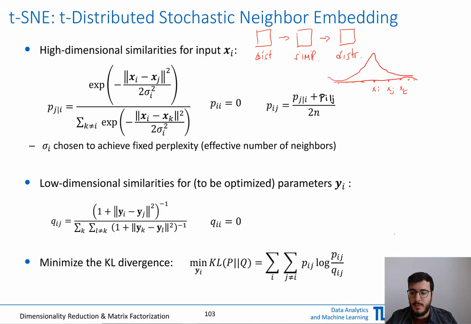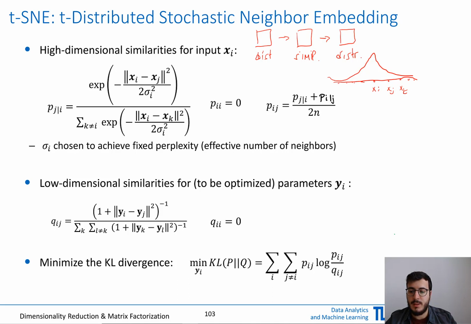Now, the distance from xi to xj is this length over here, and then the similarity is just the probability of the Gaussian at that point. So you take the distance and then you just look at the value of the Gaussian at this point, right?